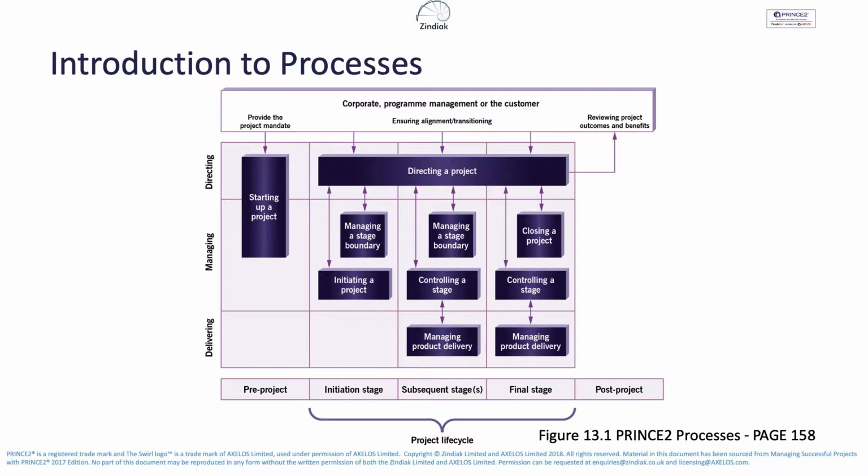We're spending more time, more resources, checking things more thoroughly, really setting firm foundations for a successful project in the initiating a project stage. At the end of initiating a project stage, we have the option to stop. Then again, we've got more information, more detailed information. We may choose to stop because it's not a viable project, or we can continue to delivery.